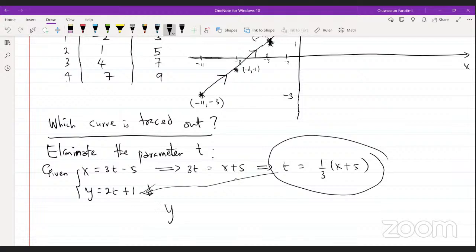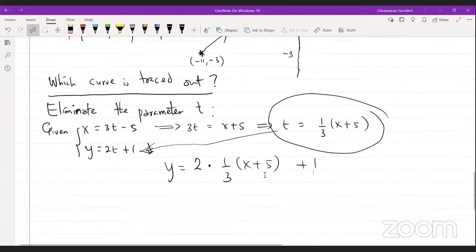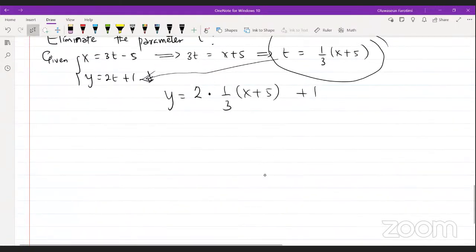That means my y is going to be 2 multiplied by t, which is 1/3 (x plus 5), and then remember, I got a plus 1.